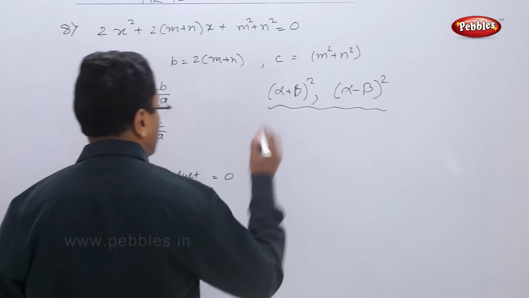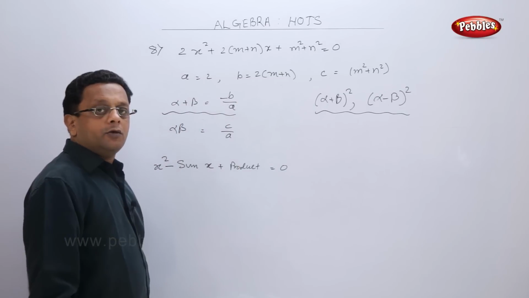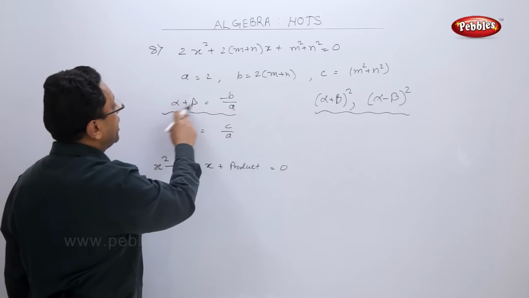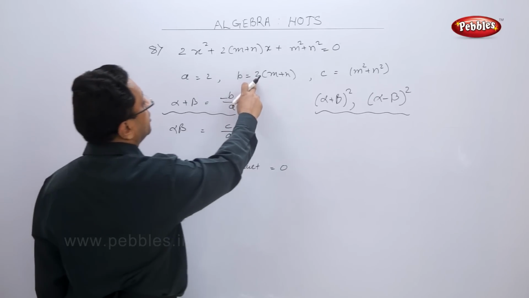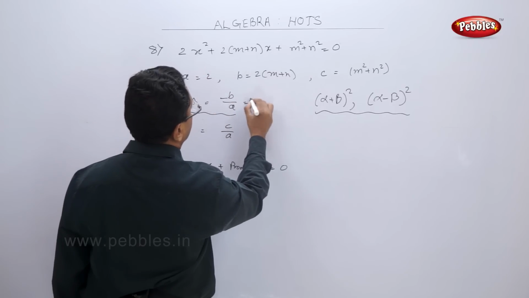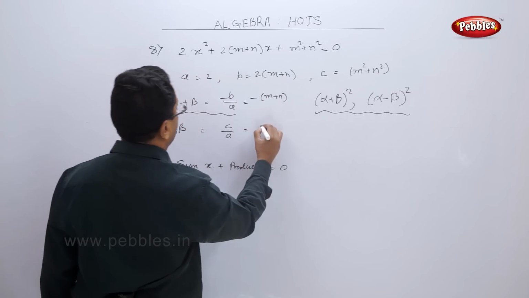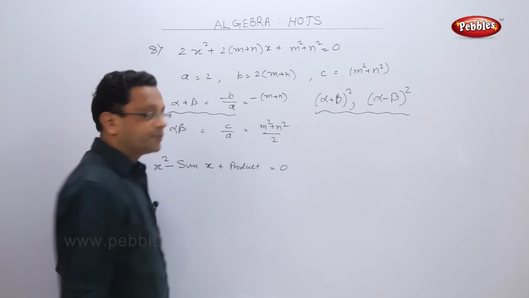So here we will find out first alpha plus beta. Now in this equation, what will be alpha plus beta? Minus b upon a. So it is nothing but minus 2(m + n) upon 2, so equal to minus (m + n). And alpha beta is (m² + n²) upon 2.